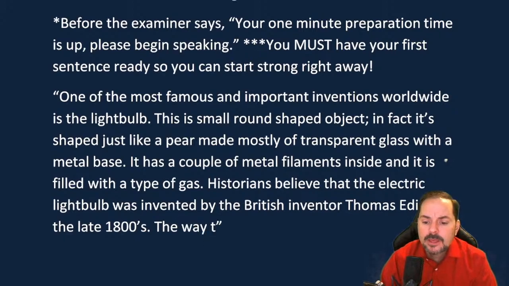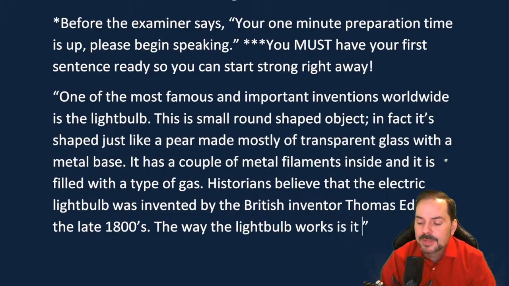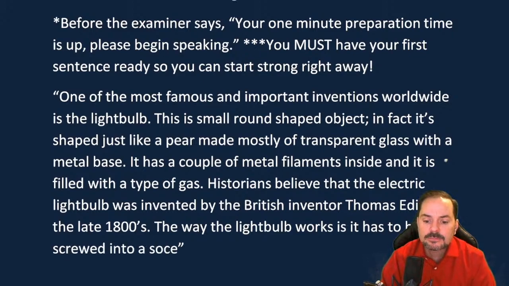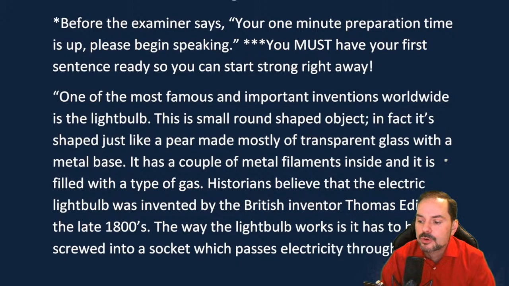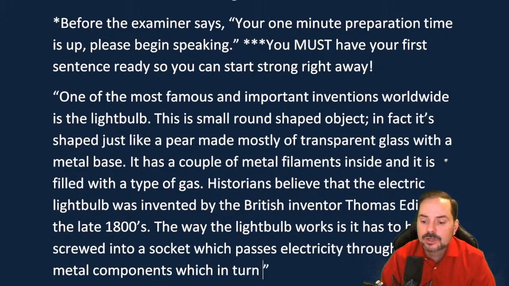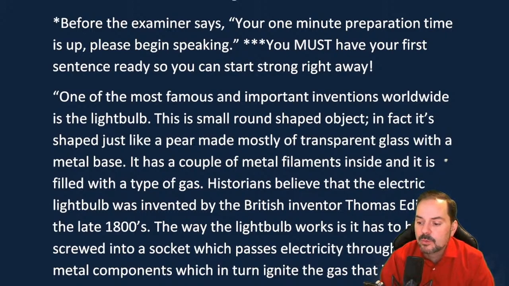So the way the light bulb works is it has to be screwed into a socket, which passes electricity through the metal components, which in turn ignite the gas that is contained in the glass, and this gas then illuminates with a bright white or yellow light.